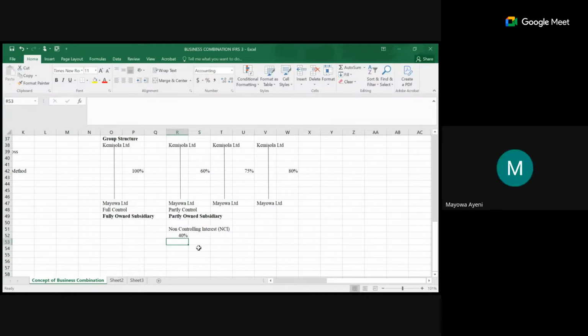So that's why we call them a non-controlling interest. Why? Because they don't have control. Now, the question is who owns the group? In the case of 100%, who owns the group? Kemisola. Kemisola, correct. In the case of 60%, who owns the group?